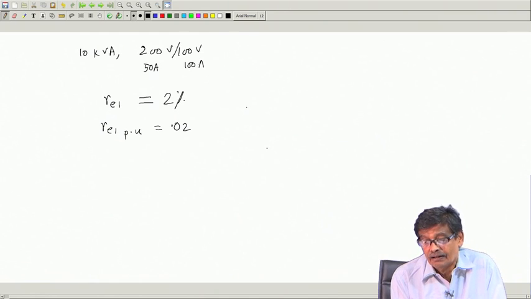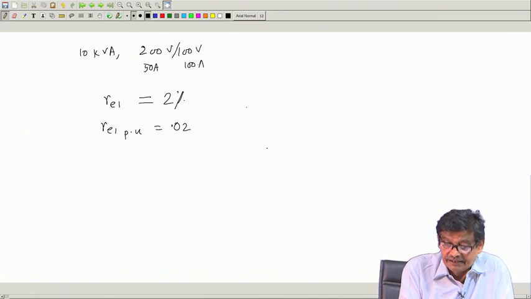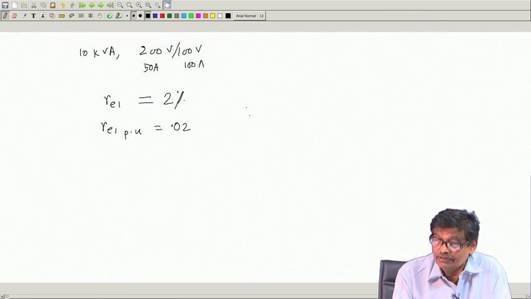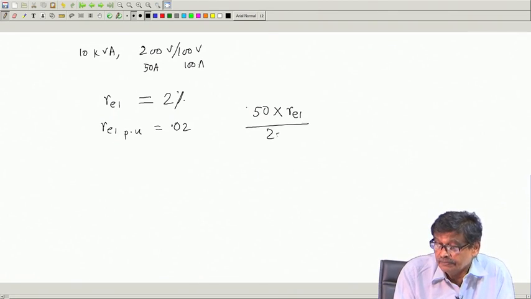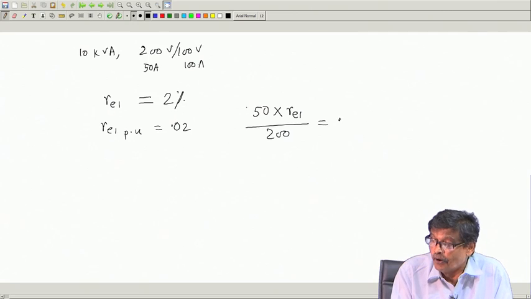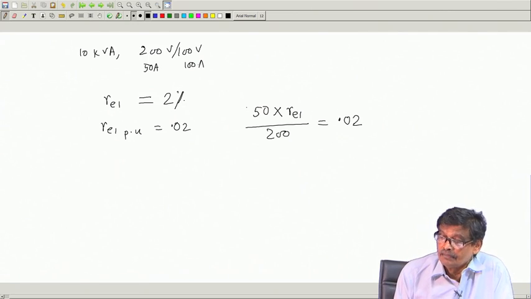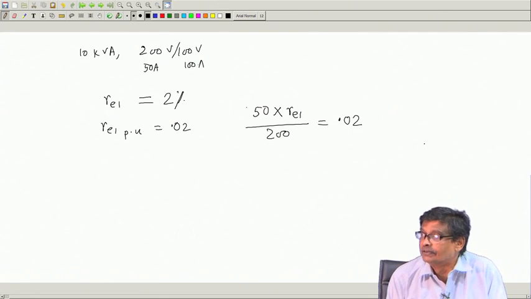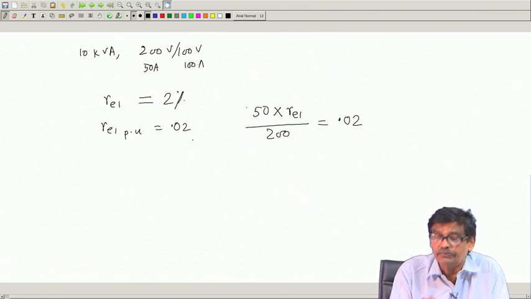To calculate the absolute value of R e 1, the rated current of this side is 50, into R e 1 actual ohmic value, divided by 200, is your 0.02, from which R e 1 can be calculated. Are you getting it? Similarly with X e 1.